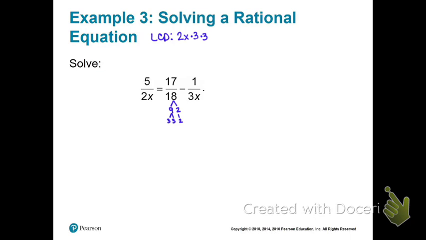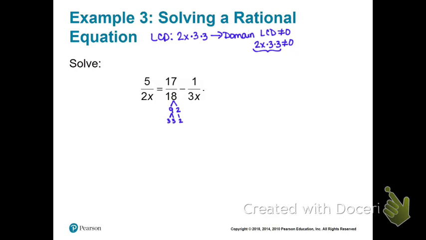The only difference between this problem and example 2 is because we have an x in the denominator, we have to watch out for the domain. And so remember, our domain is that our least common denominator cannot equal 0, right? So that 2x times 3 cannot equal 0. Well, I can simplify this.